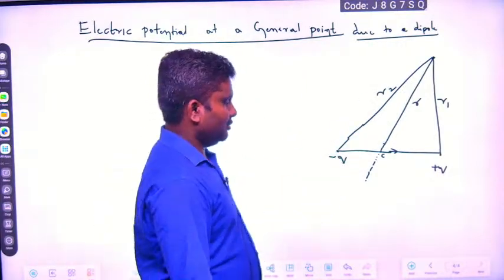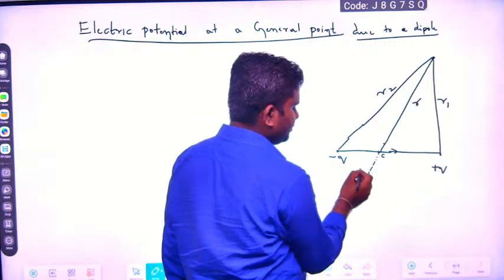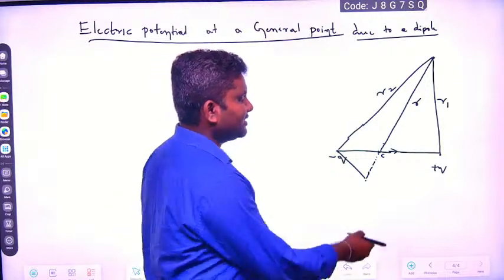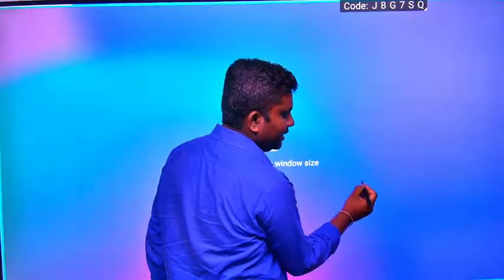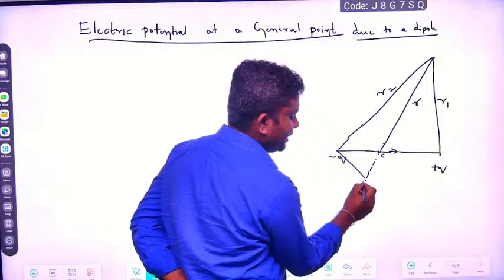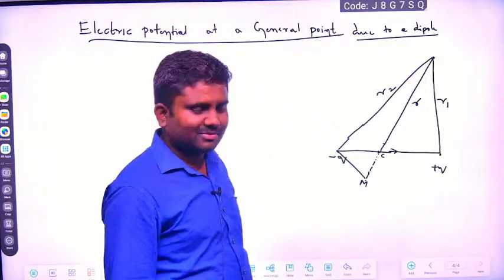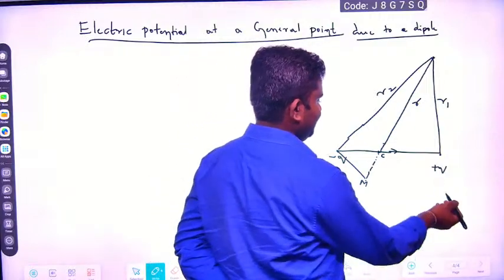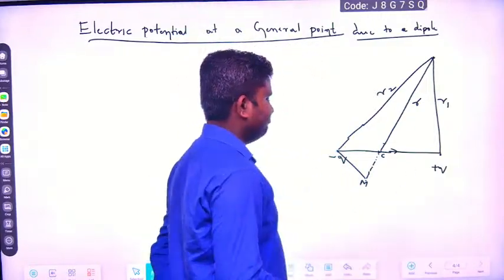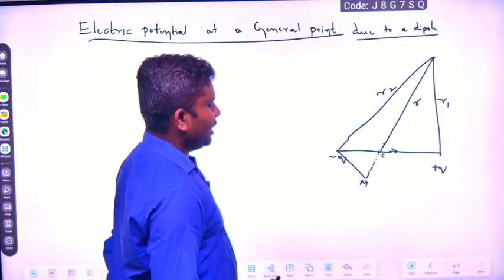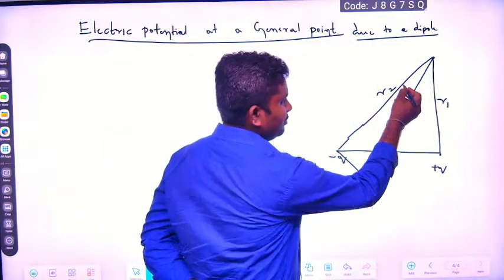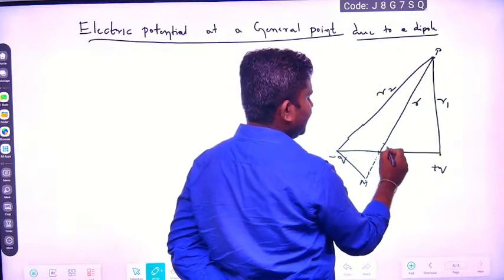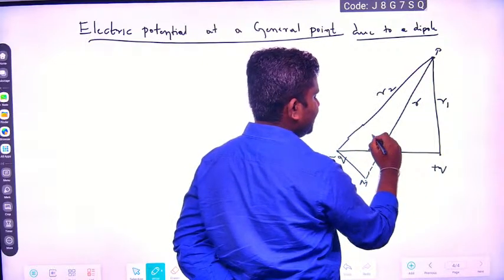Now you see this one. I will connect. The path I just extended, this is the foot of the path. I will write it as M. Understood? And here you see, this point P makes an angle theta.